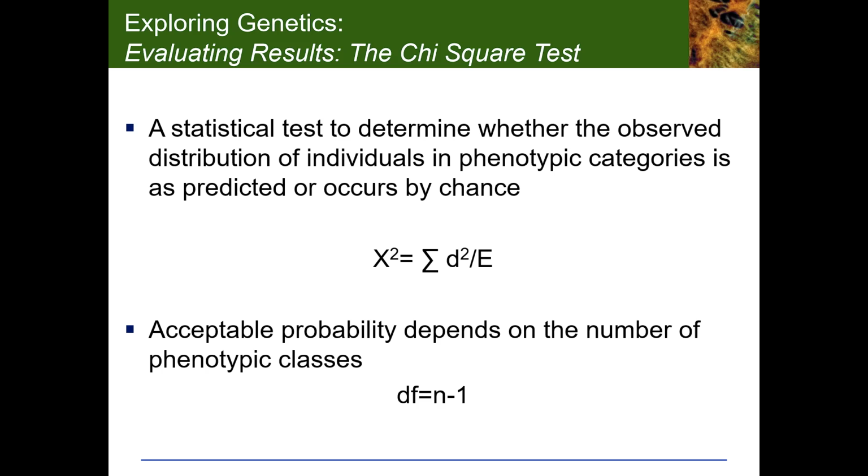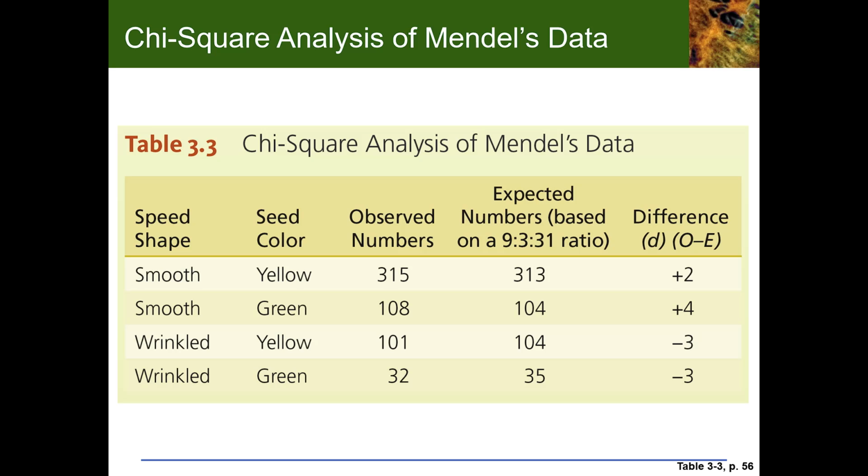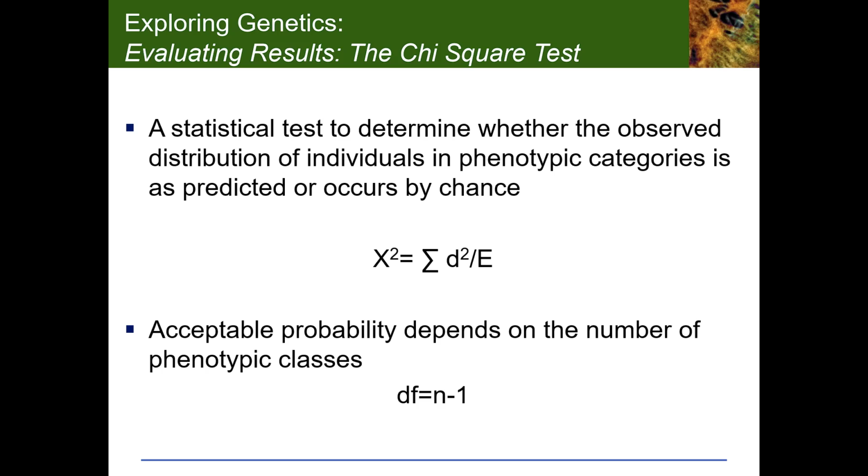So if you calculate your chi-squared value, you would utilize that, and you would also utilize your degrees of freedom to go to a chi-square table and look at the data to see if it's a probable chance or if it's just a random event. Now, here's some chi-square analysis of some of the data that Mendel did from some of the earlier experiments. So you can see here, it's quite simple to get D, the value D, which is right here.